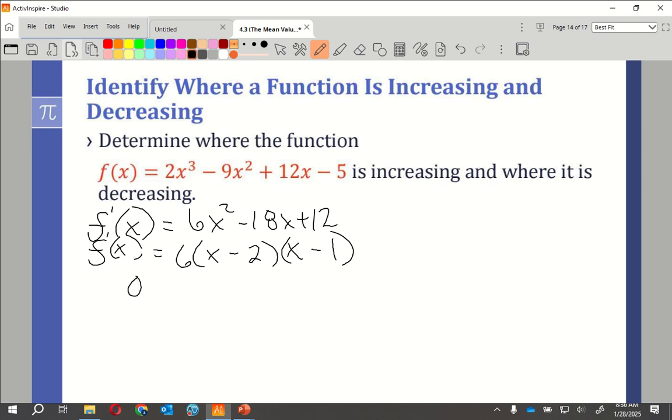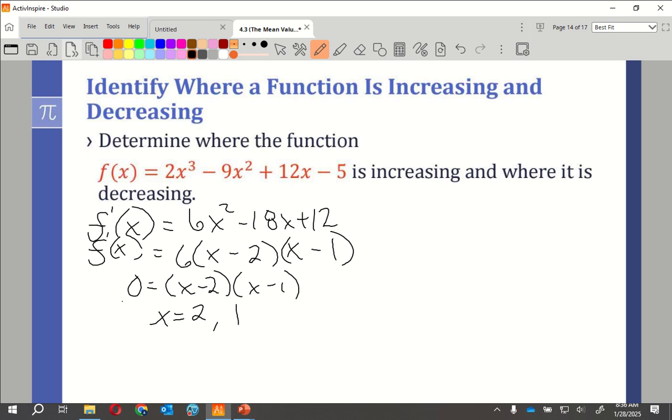So this is going to give me 0 equals x minus 2 times x minus 1. So where it's equal to 0, I'm going to have x equals positive 2 and positive 1.